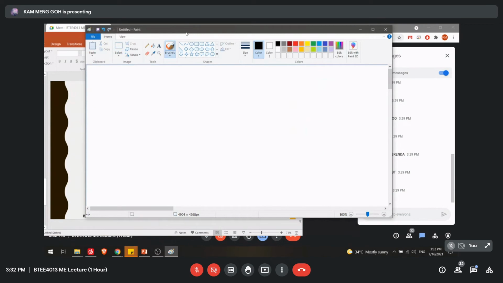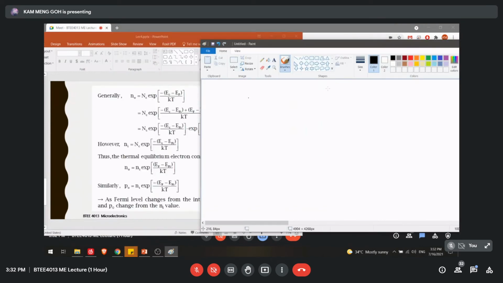So we come back to our original formula. NO is equal to NC exponential of minus EC minus EF over KT. This formula we have tried to play around with in the last lecture and also the tutorial class.